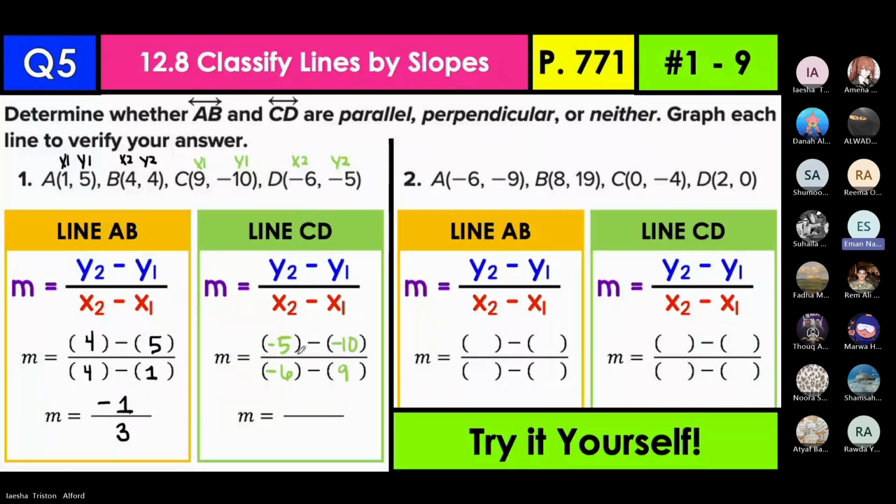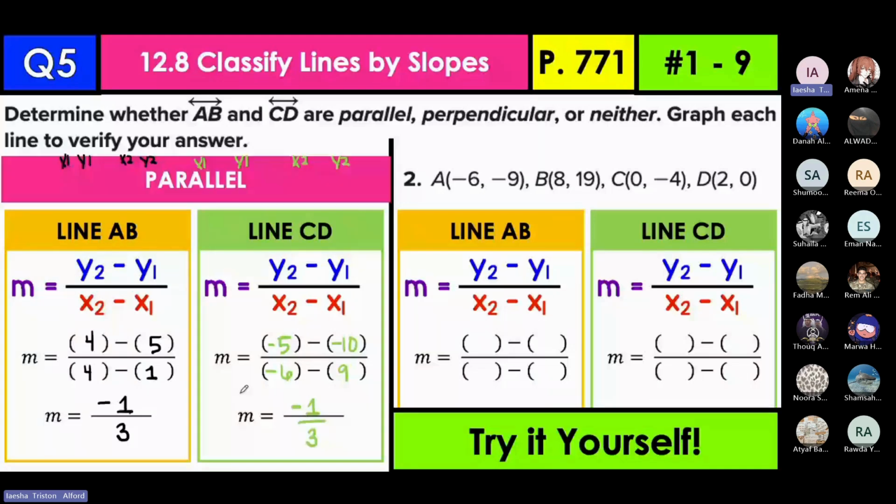So it's what? It's -1 over 3. So this was -1 over 3. It's parallel. So parallel. Done. The rest, you can do it yourself, yeah? That's it. So you just need to find the slope and say parallel, perpendicular, or neither.